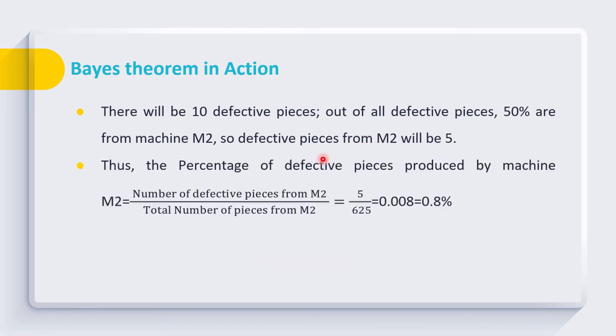So in this case, we can calculate the percentage of defective pieces produced by machine M2. So number of defective pieces produced by M2 is 5, and total number of pieces produced by M2 are 625. So 5 divided by 625 gives us a percentage of 0.8%, or the probability value as 0.008.